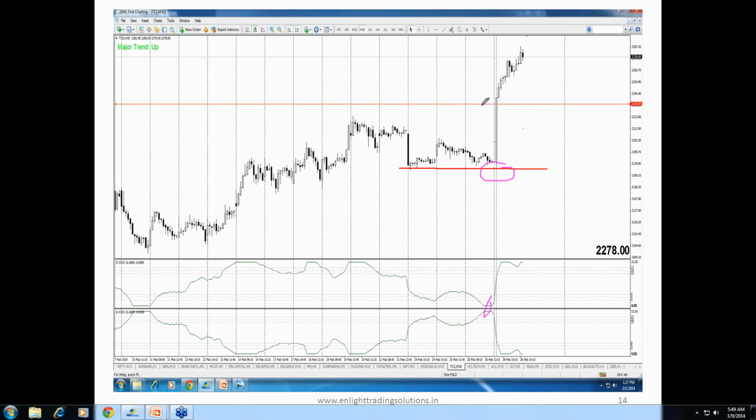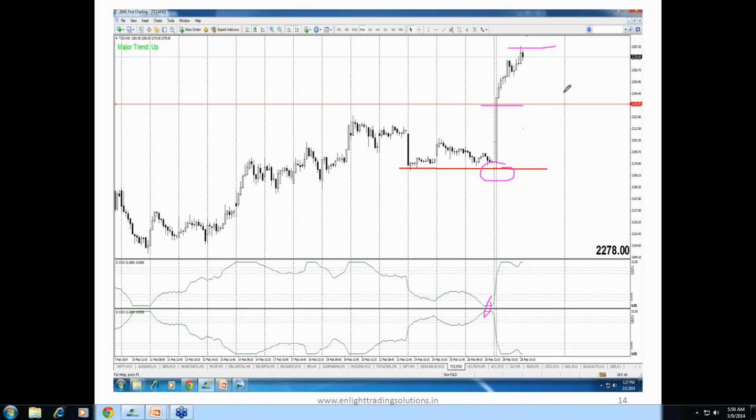I entered here. Okay. So you can see, based on this buy convergence, still it's going very strong. 2281 the high. Okay, you can see what I did.